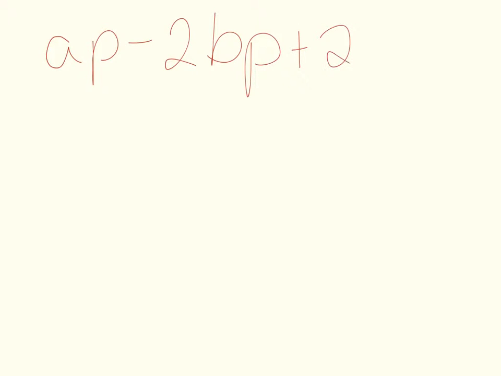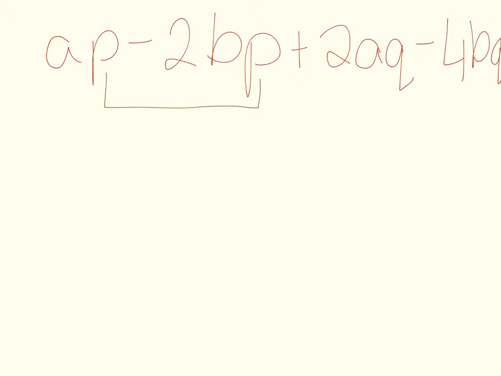Let's have a look at another one with some minus signs in it. I have ap minus 2bp plus 2aq minus 4bq. In this one, not only do we have minus signs, we also have some numbers. If I have a look at my first two, the only letter they have in common is p.